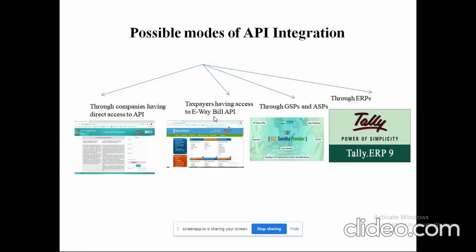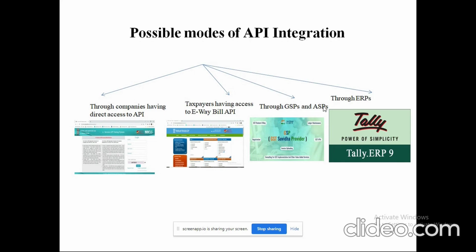Then the next method is through ASP and GSP. ASP means application service provider and GSP means GST Suvidha providers. Application service providers help to collect data from persons, and the ASP with the help of GSP can register the data under the e-invoicing portal and retrieve the QR code as well as the acknowledgement date and acknowledgement number.